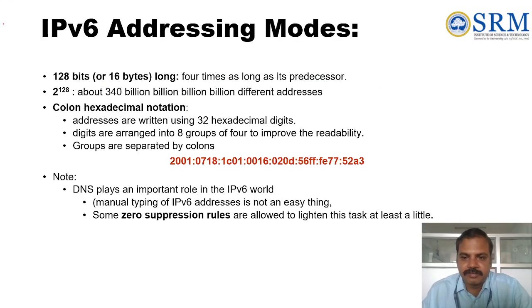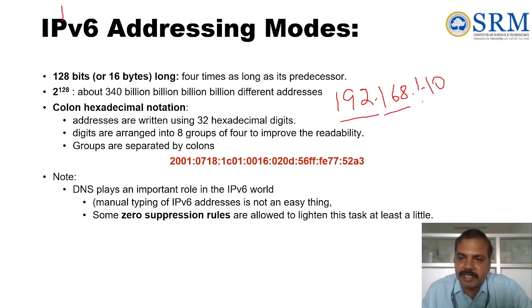Then we look at how the IP address will look. In IPv4 format, the number will be like this: 192.168.1.10. So it is made up of 4 sections, divided into network ID and host ID.